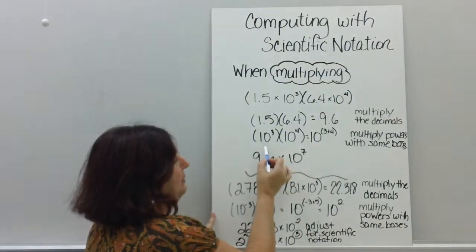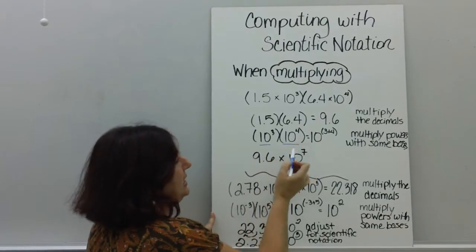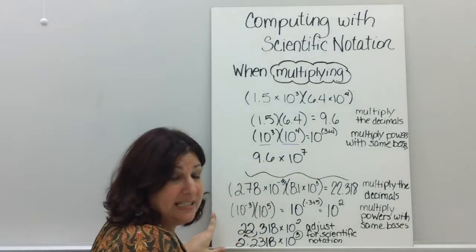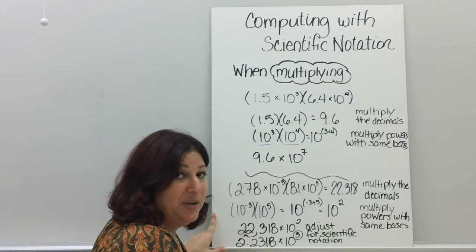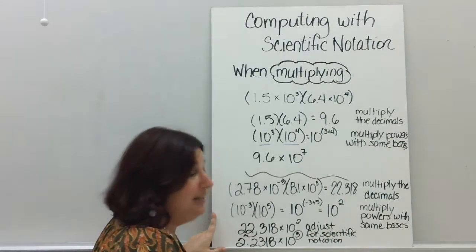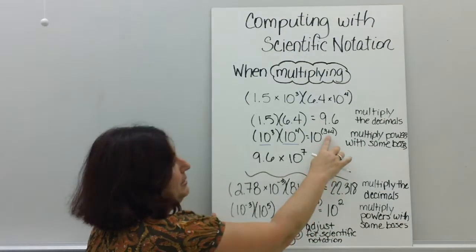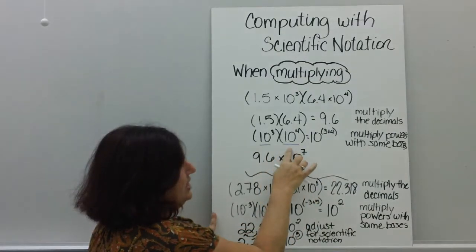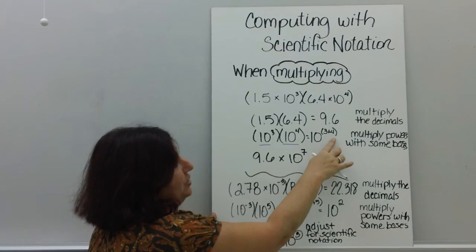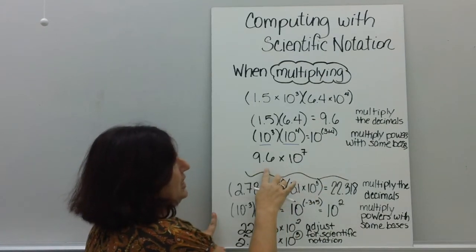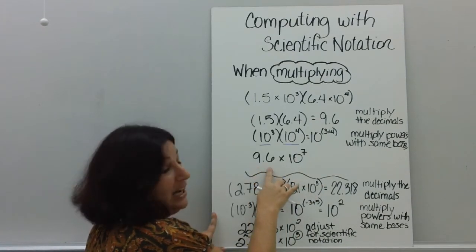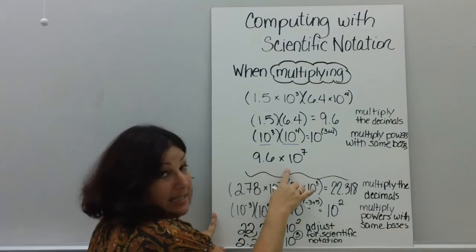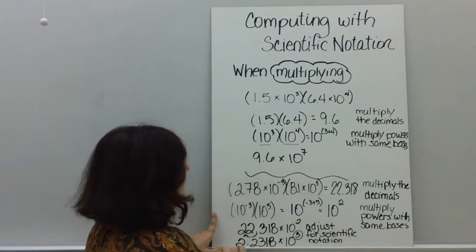Then I'm going to go ahead and multiply my powers together. And because my bases are the same, I'm going to follow the multiplying powers law, which says I'm going to add my exponents. Only if my bases are the same. Both bases are 10. 3 plus 4 is 7. So my new scientific notation number is 9.6 times 10 to the 7th power.